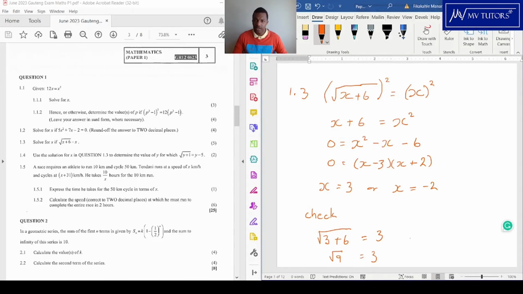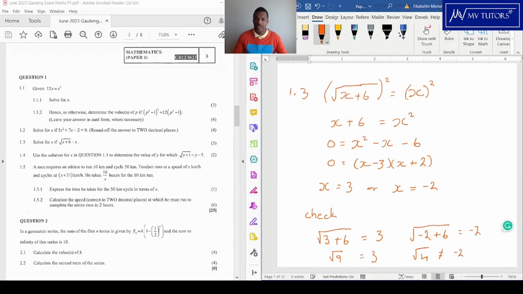Let's check out the other one now, where x is minus 2. So it's minus 2 plus 6. Is that going to give us minus 2? Let's check it out. So 6 minus 2 is 4. Is that going to give us minus 2?